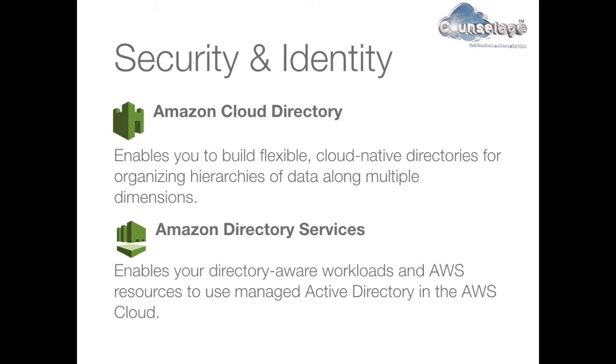So the next type of services is the security and identity services. As you're aware, directories store information about users, groups, and devices, and administrators use them to manage access to information and resources. So, this product of Amazon called Cloud Directory enables you to build flexible cloud native directories for organizing hierarchies of data along multiple dimensions.